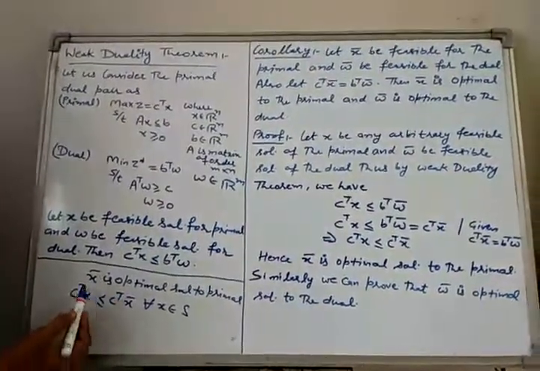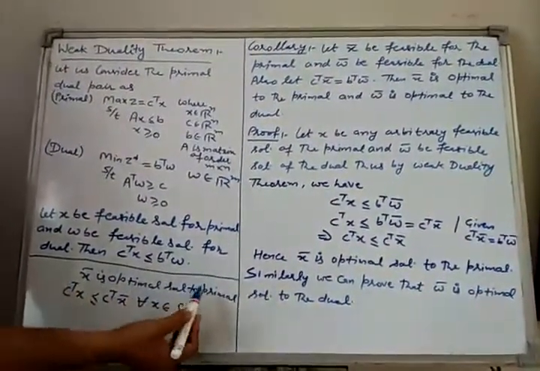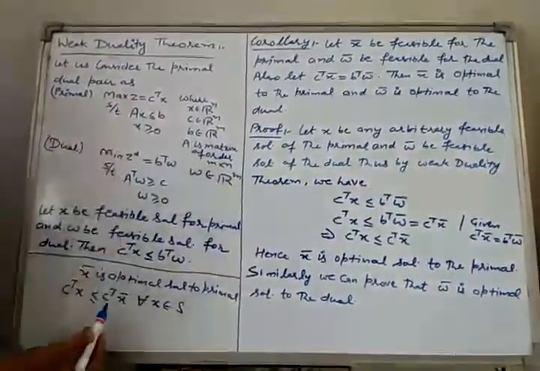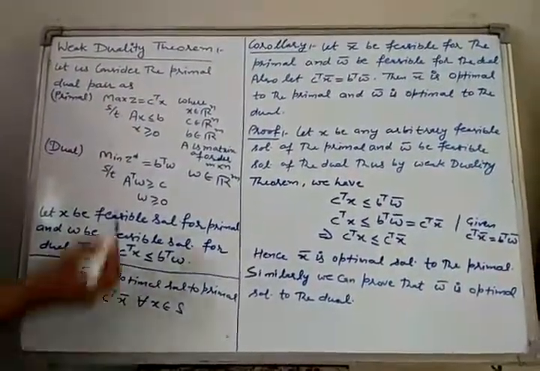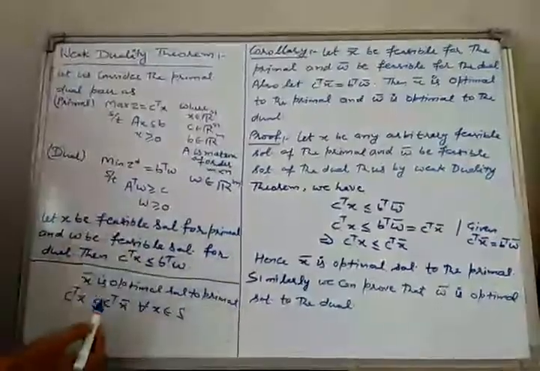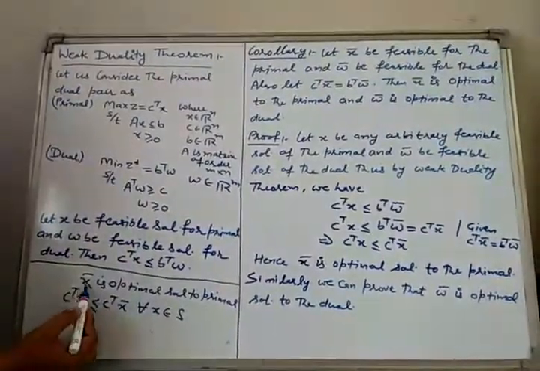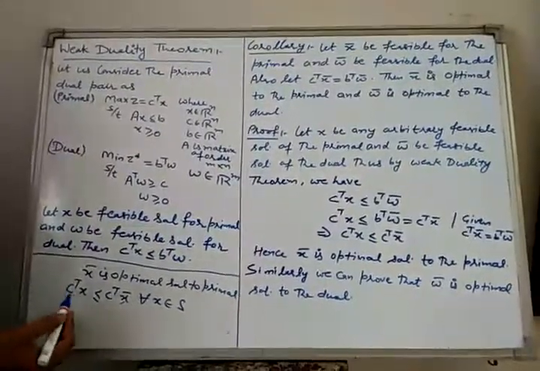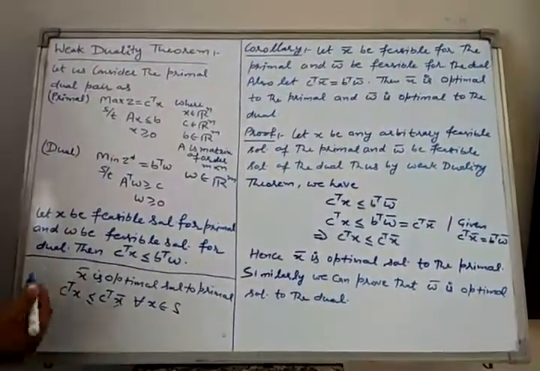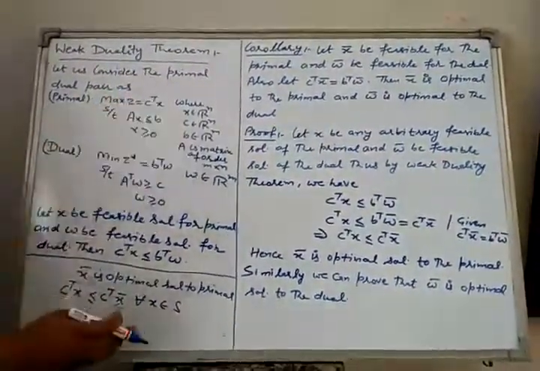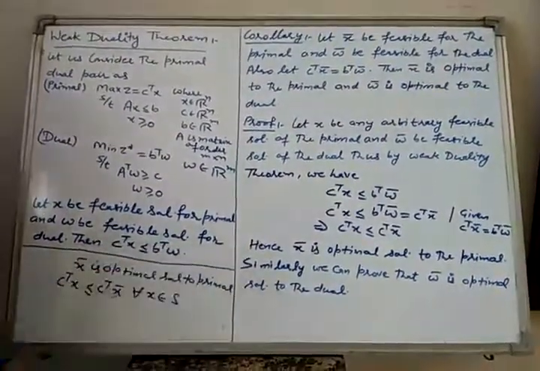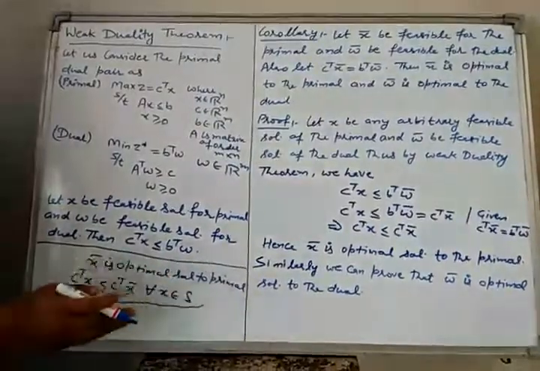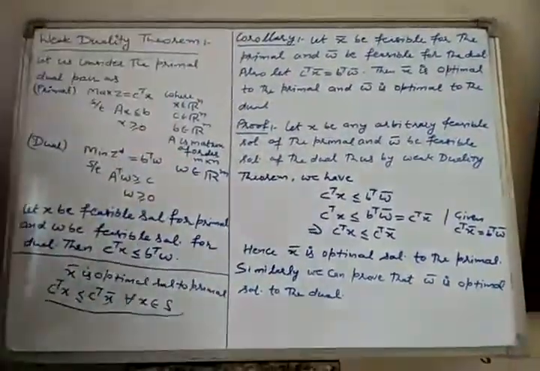That means we say that X bar is an optimal solution to the primal problem if, in the case of maximization, the value of the objective function corresponding to this X bar is greater than equal to all values of the objective function corresponding to all feasible solutions. If we prove this, then we get the proof of our theory.